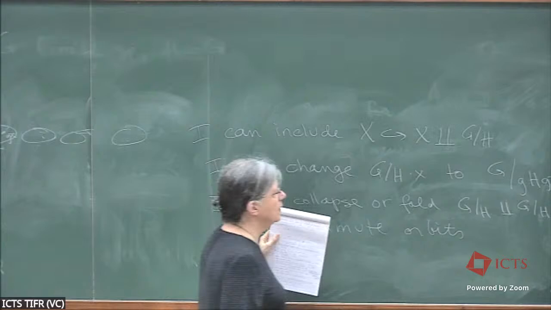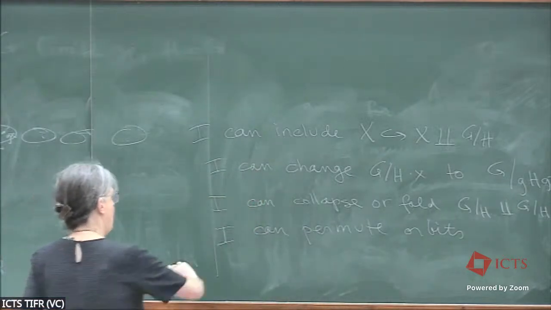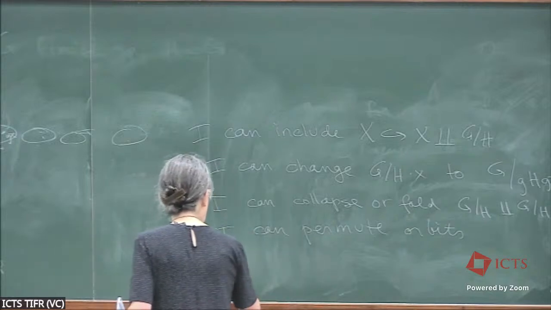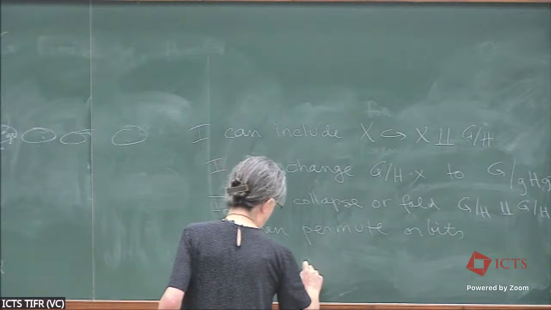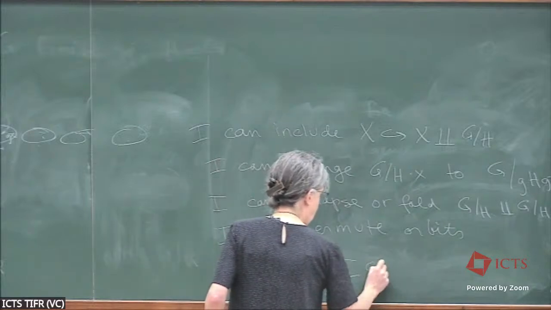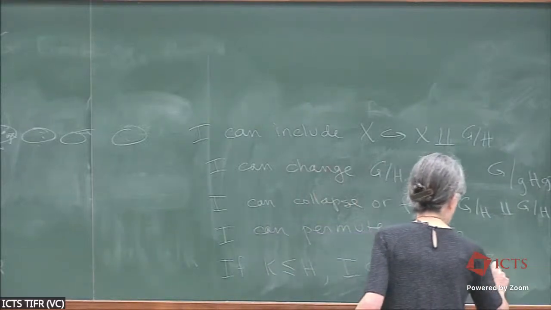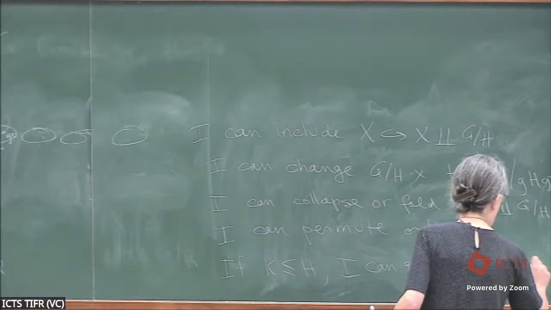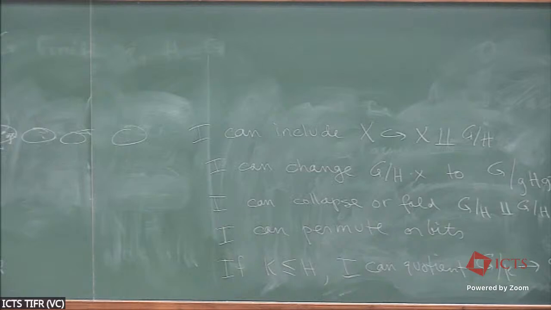And maybe you're following along with me and thinking, oh yeah, I could do that in this definition. And then the last one is if K is a subgroup of H, I can quotient G mod K into G mod H. Okay, so these are my moves. And this is my definition. And the question is, what do they do?